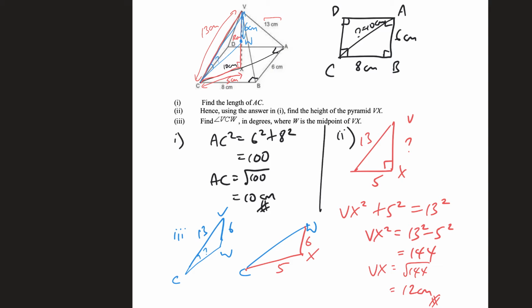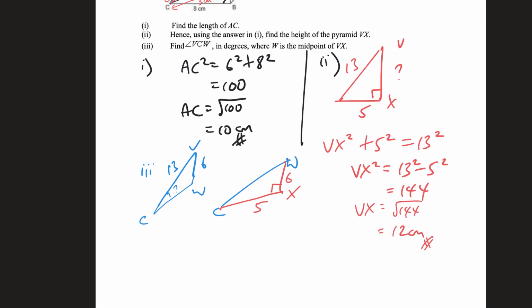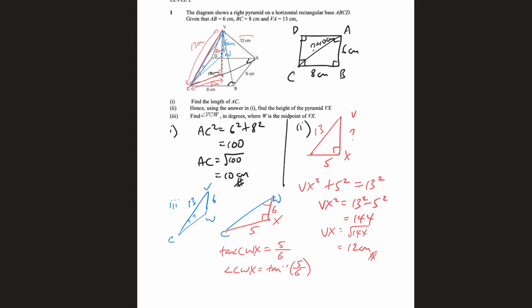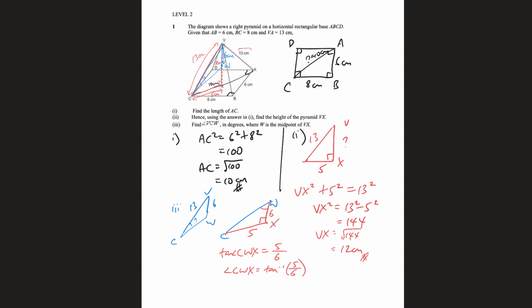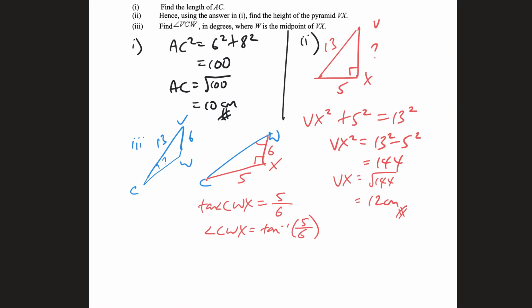So this gives me a bit more information because I know this is 90 degrees. Then for this angle, CWX, it's tangent, opposite over adjacent. So CWX is tangent inverse of 5 over 6. I like to leave it like this, but if you don't like it, you can also say, to 4 significant figures, 39.81.